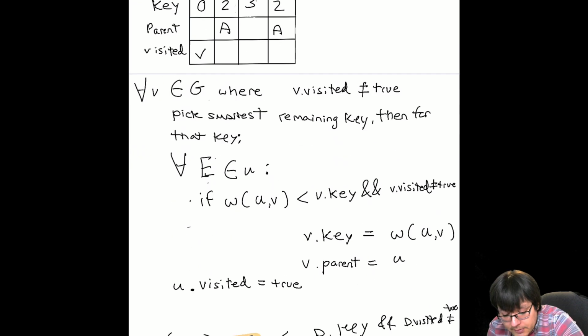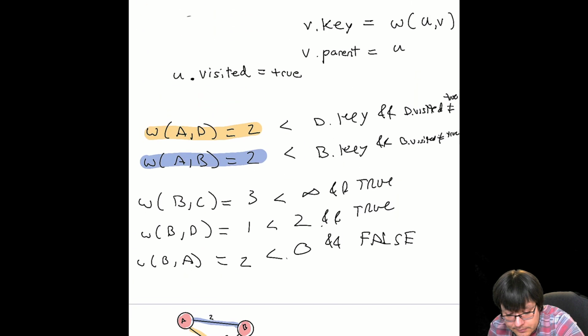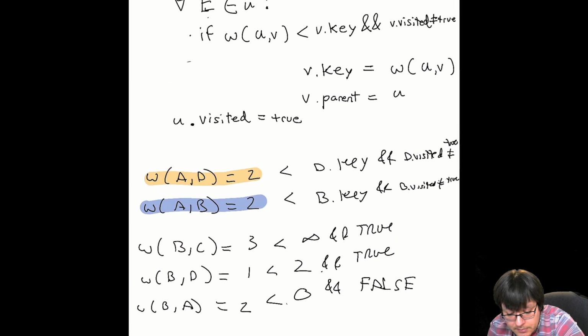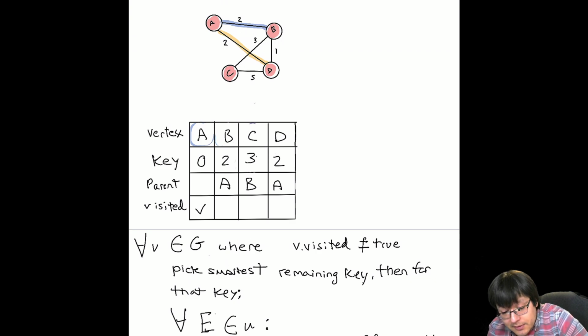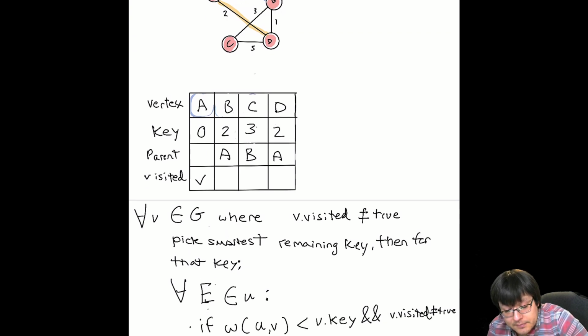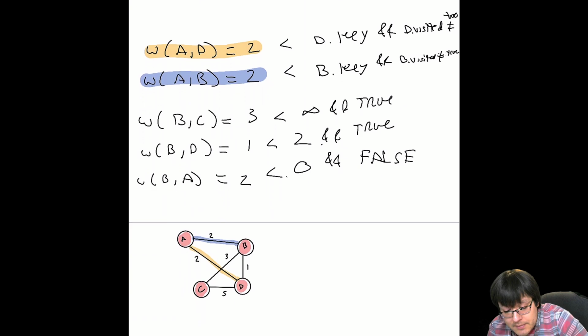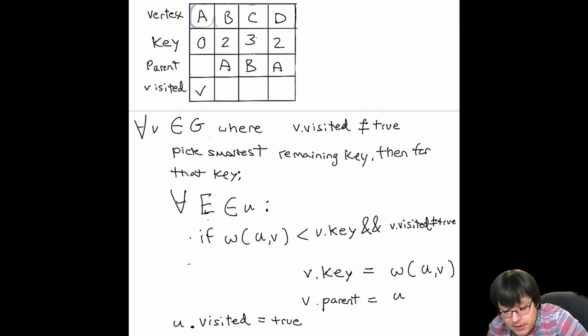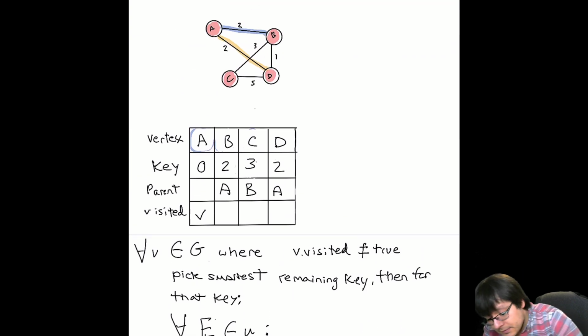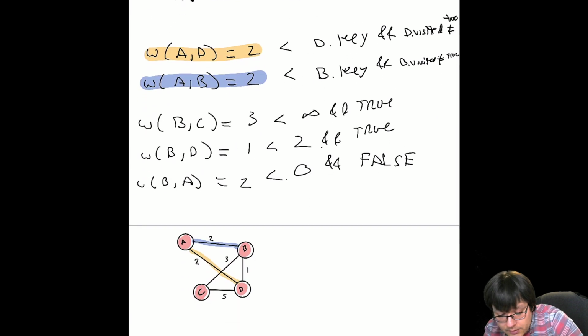So 3 came from B. However, we almost made a mistake here. But we didn't, because we're that good. This D gets updated to 1 because that's smaller than 2.